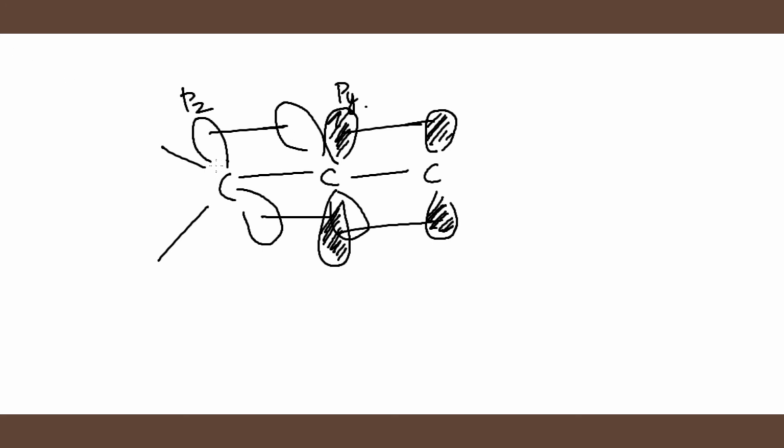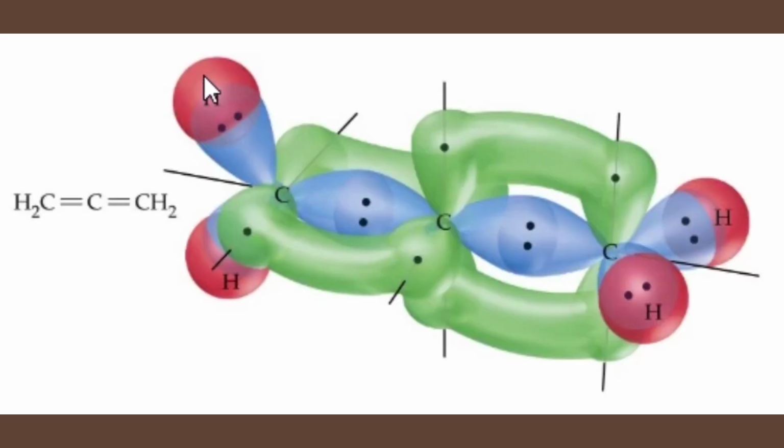Now we will see the 3D representation of the allene structure to understand it better. You can see this is carbon, this is hydrogen, and this is another hydrogen. In this, this bond and this bond, we have taken as the xy plane. These two bonds are in the xy plane, we have considered that, right?